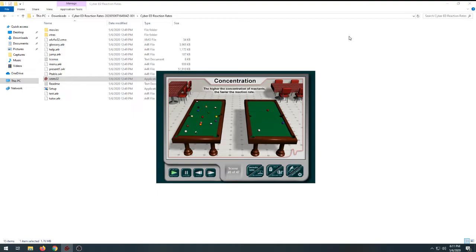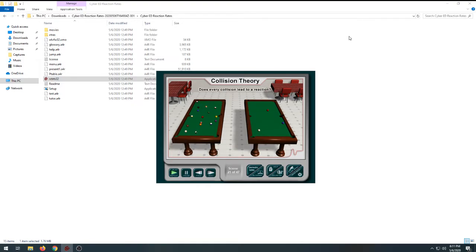Each pool table on your screen is the same size, so the table on the left with 15 balls on it has a higher concentration of balls than the one on the right, which has 2 balls. A cue ball shot at random is much more likely to hit a ball on the table having a higher concentration of balls than it is on the table having a lower concentration of balls. This is analogous to varying the concentration of reactants. A higher concentration can lead to more reactions.